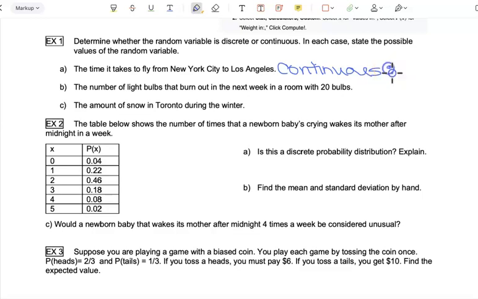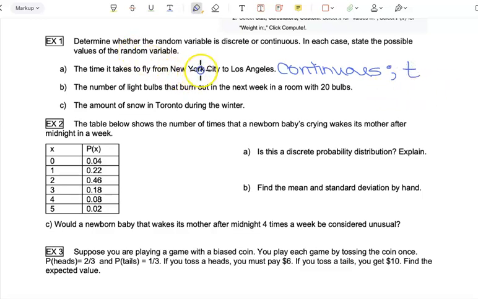Then it says state the possible values of the random variable. So whatever variable you want to use for time. We know time can't be negative, and it can't be exactly 0. We know that it's definitely going to be larger than that, regardless of what unit you're using.